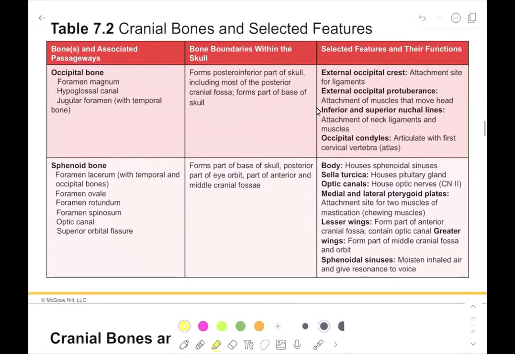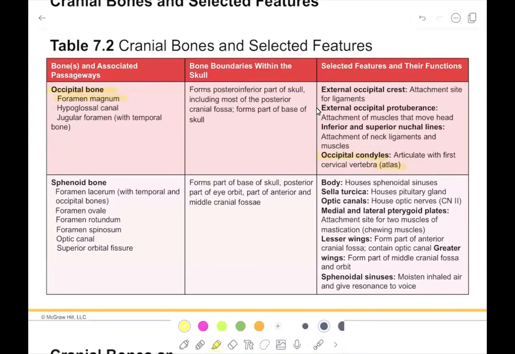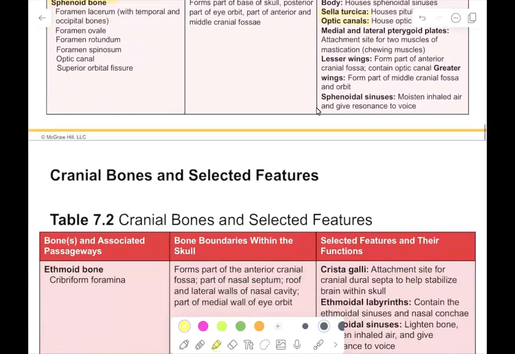On this next table for the occipital bone, we have the foramen magnum, which is super important where the spinal cord goes through. The occipital condyles, which articulate with the atlas. That's the specific name for the first cervical vertebra. On the sphenoid bone, there's no particular passageways, but you should be able to see the sella turcica, the optic canals, and that would be it.